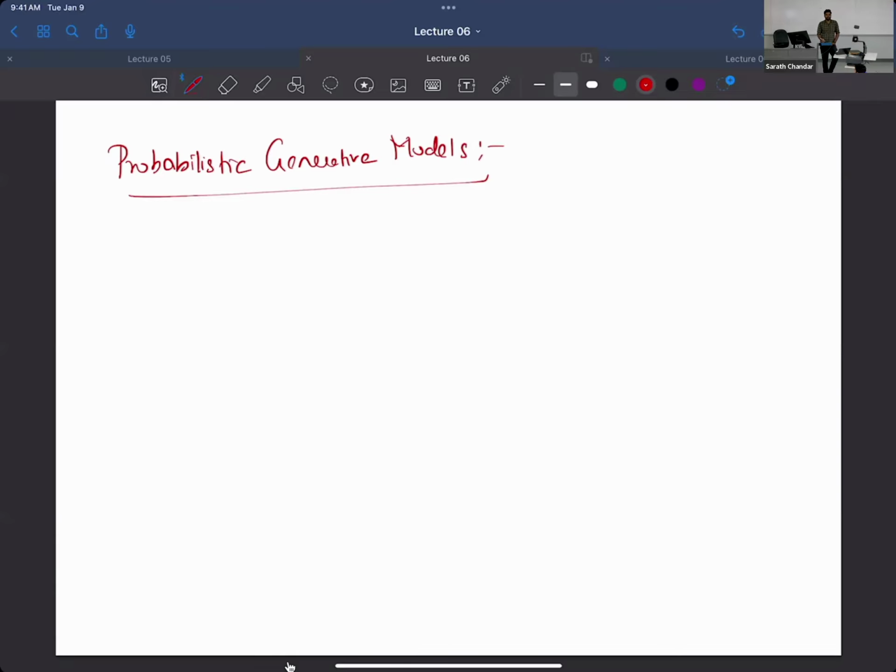The main idea behind probabilistic generative models is to model P of X comma Y. Often we would do this by modeling P of Y and P of X given Y, and then we would use the Bayes rule to compute P of Y given X, right?